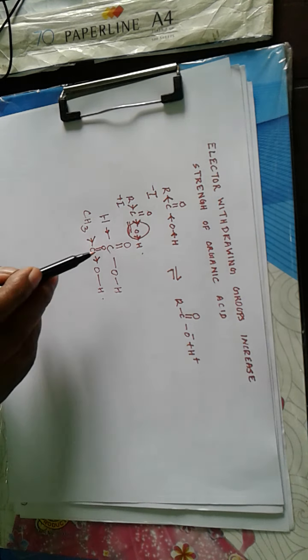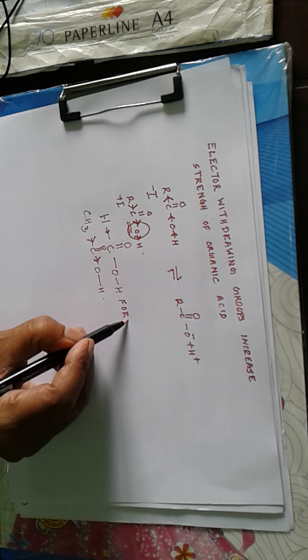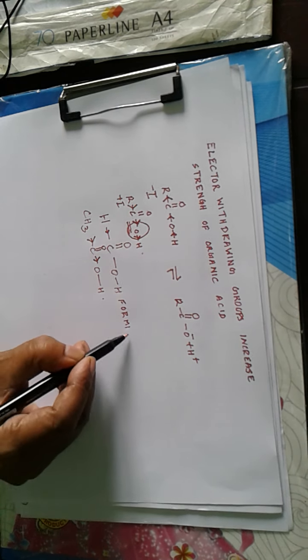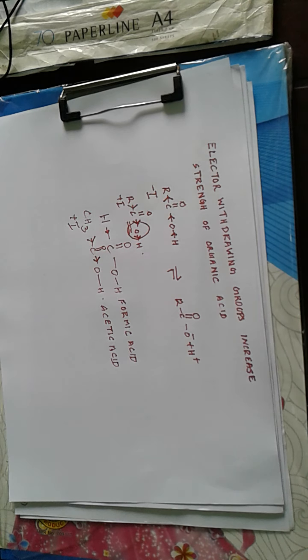So when we compare formic acid and acetic acid, we can say acetic acid is a weak acid compared to formic acid, and the main reason is the plus I effect of the methyl group.